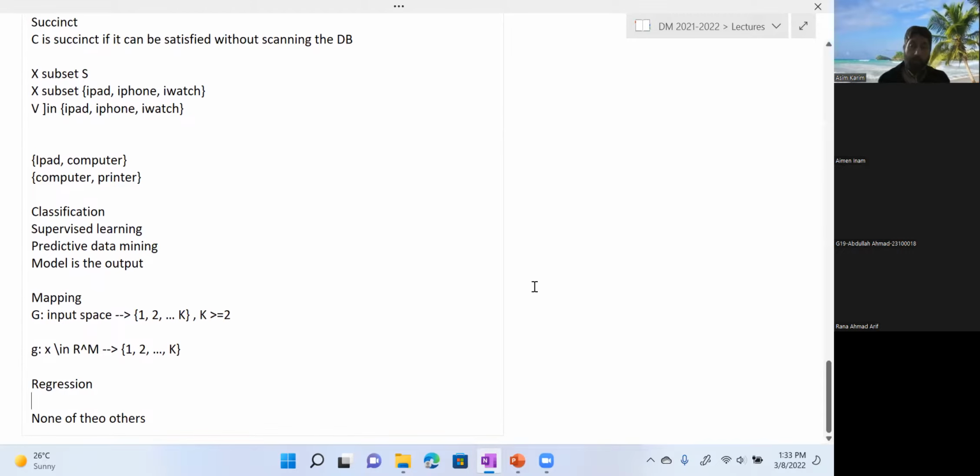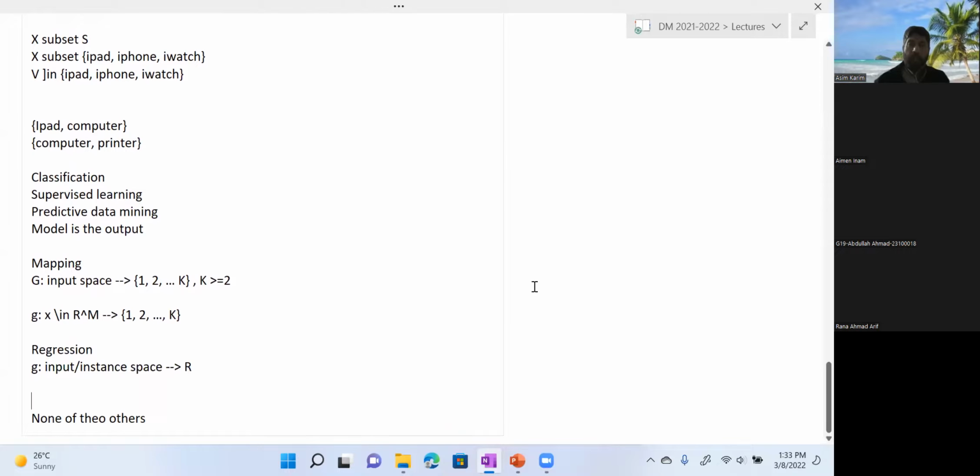But the only difference is the mapping function G, from your input or instance space to some real number R, a single-dimensional real number. Of course, it could be multi-dimensional as well, but most commonly it is a real number. So the output is not a label from a fixed set of labels. Now it's a real number.